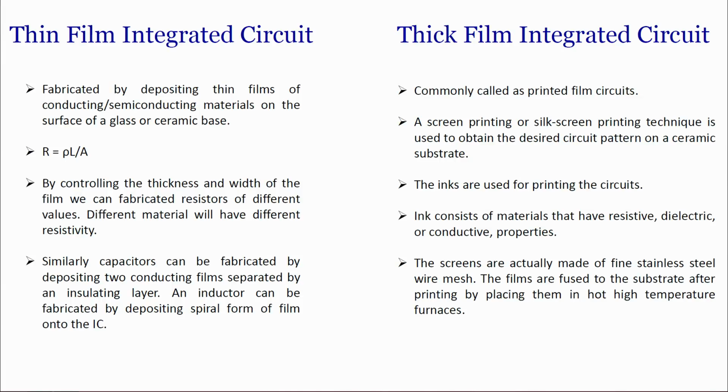For example, if you want to fabricate a resistor or fabricate a heater, then by controlling the thickness and width of the film, we can change the resistance of the heater. Additionally, different materials with different resistivity can be deposited. Same way, we can also fabricate a capacitor.